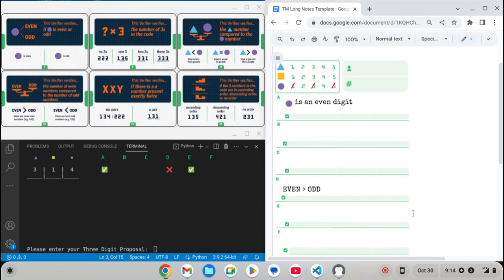And again, what we'll say is that the solution has no pairs. And what can we say about that? The fact that we know there's a majority of evens and that there are no pairs. So let's see. If there are no pairs, we could have a single digit repeated 3 times, or they're all different.